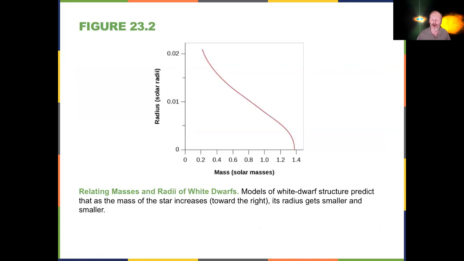When a star is on the main sequence, if you sort of remember the main sequence, it looks a lot like this, but this is not a view of the main sequence. This is a view of what happens after the main sequence. And it's interesting that it takes a similar form when we're looking at it like this, because we would have our low mass stars here, we would have our high mass stars here.